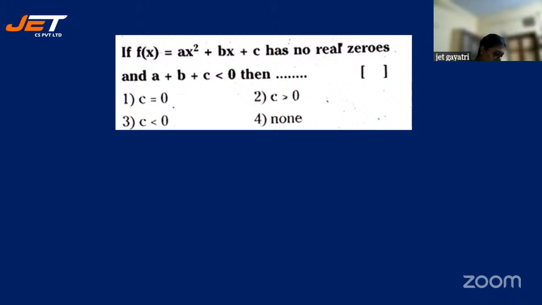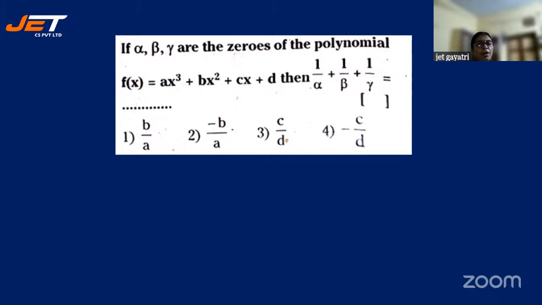Let me see, many are giving me the option. Venkatramana says 1, Tanish says option 4, Sri Vanilla says option 2. Let's see, it is option 3, c is less than 0. Alright, see the next question.